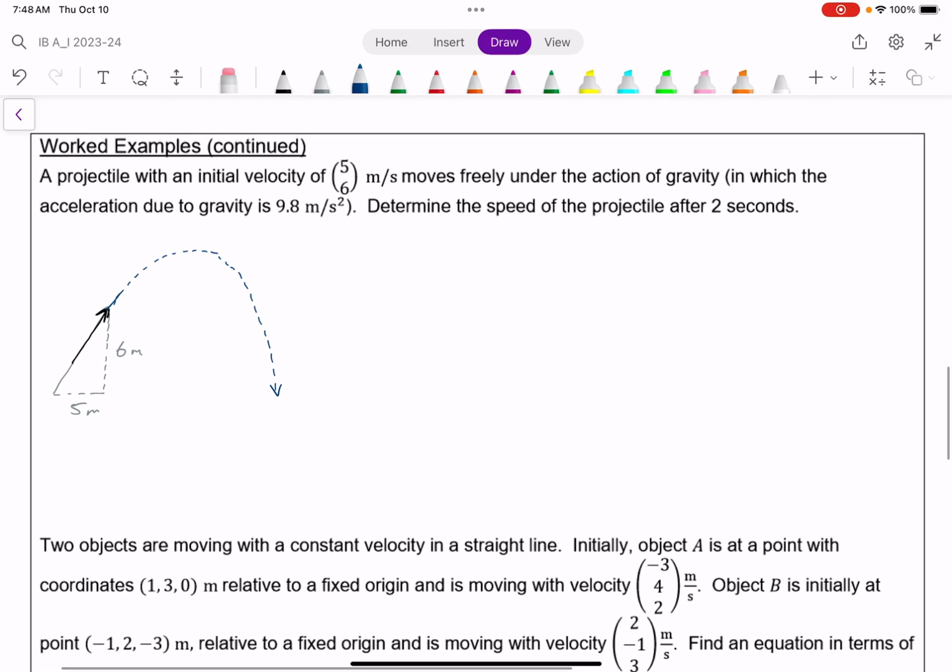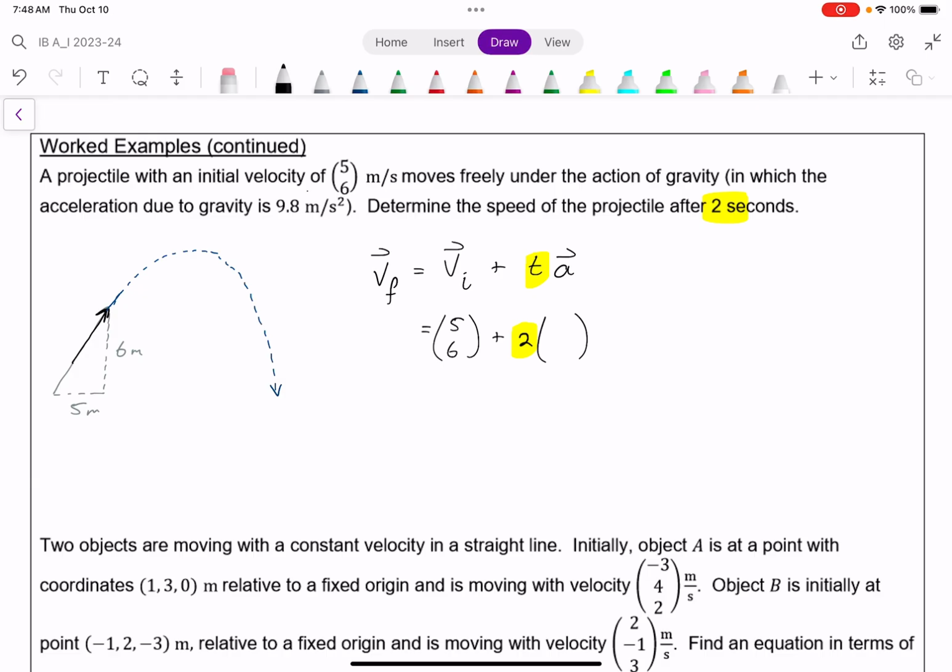And so how do I find the final velocity? It's very similar to the last thing we did. The final velocity I can find by using some initial velocity plus the elapsed time times the acceleration. In this case, the initial velocity is (5, 6). The elapsed time is 2 seconds. And the acceleration, the only reason this is not going up is because of gravity.